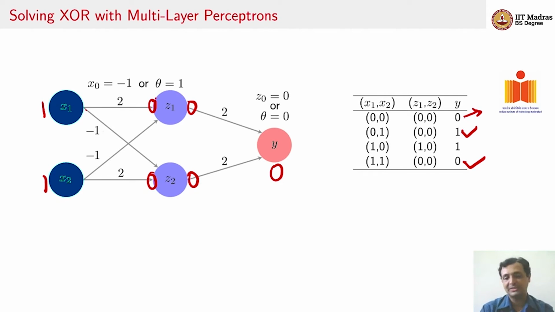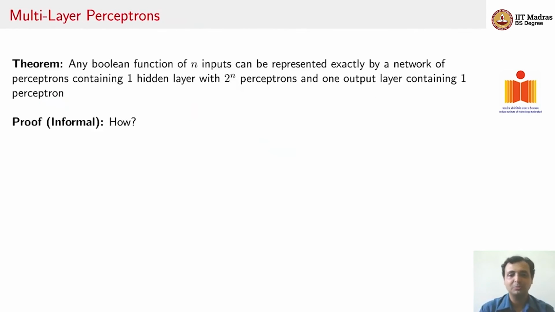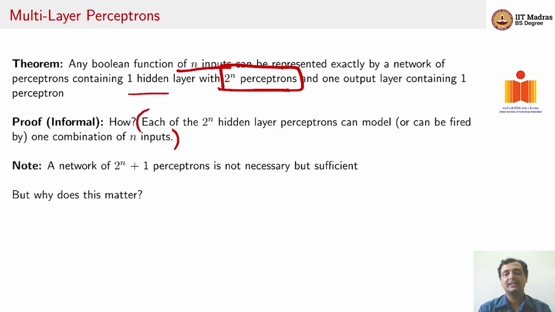Ideally, according to what we said in the previous slide, we should have needed 2 power 2, or 4 neurons, but that's not the case. And that's the reason why we say that a network of 2 power n plus 1 for the bias is not necessary, but it is sufficient. You can probably find solutions with even fewer, but you can definitely find a solution with 2 power n perceptrons in the hidden layer.